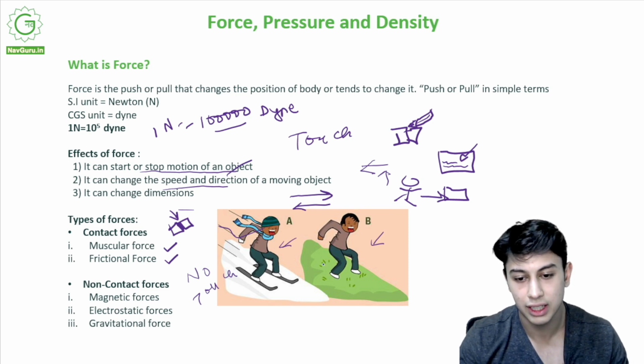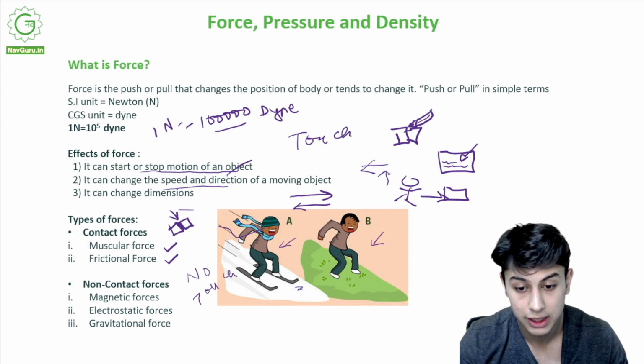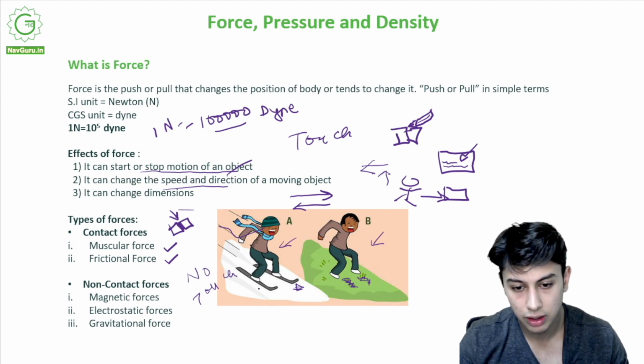He's on grass, you can't slide on grass. Why is he sliding on the snow? Because it has less friction, it is slippery, there is not much resistance. Although on the ground there is a lot of resistance, he won't be able to move. But on ski, he will easily be able to slide.